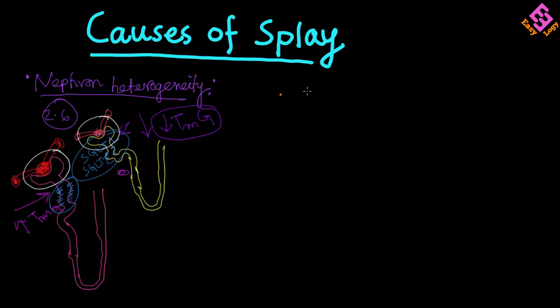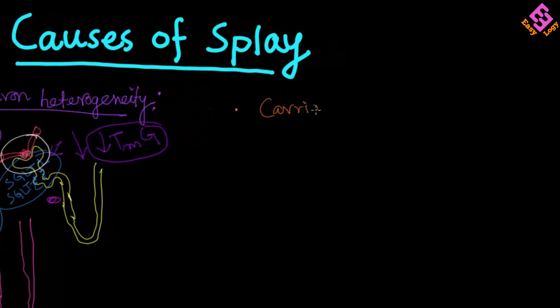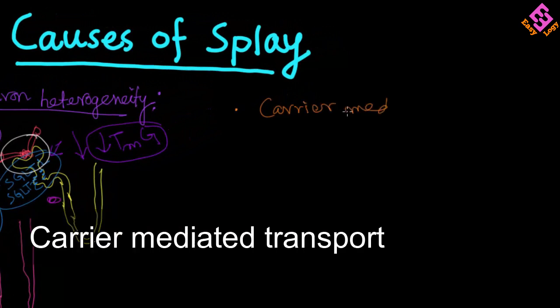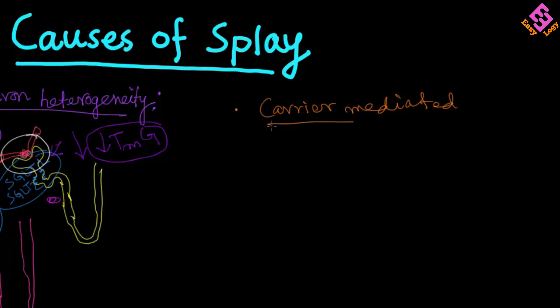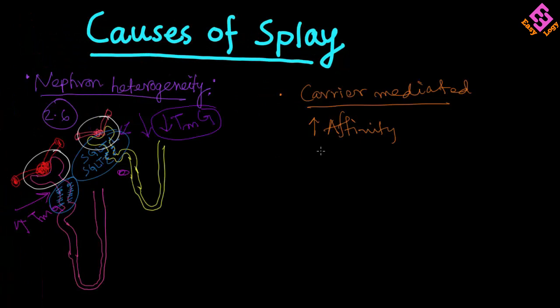Another point is that glucose transport is carrier mediated. The affinity of the transport system for glucose is very high. It is high affinity, but the binding of carrier with glucose is not completely irreversible.